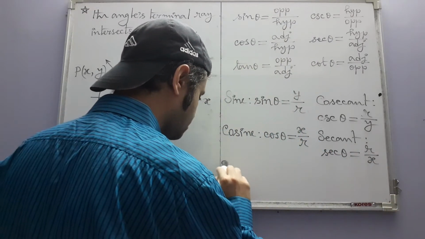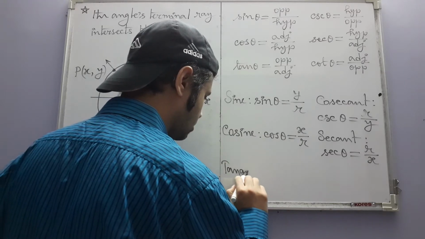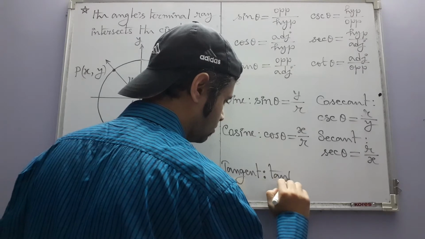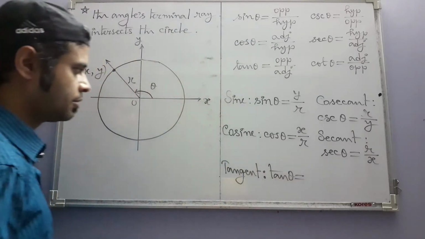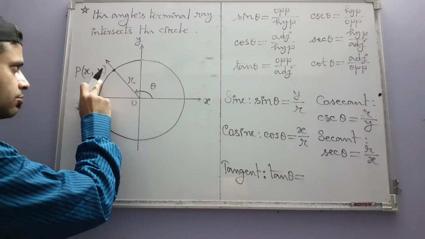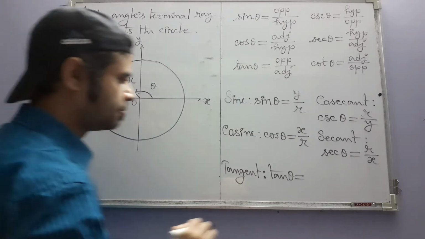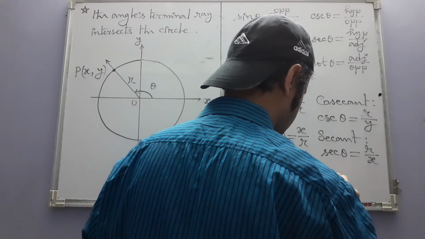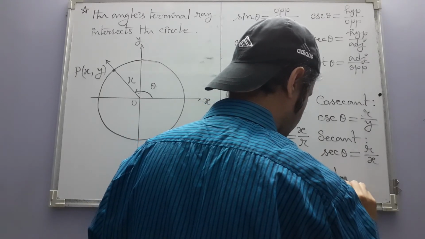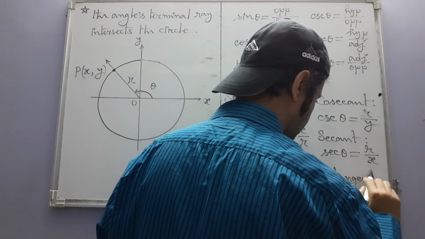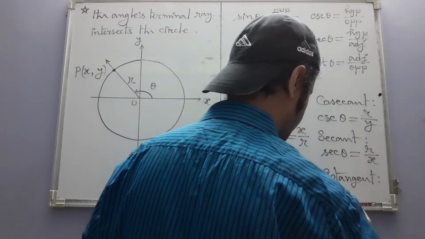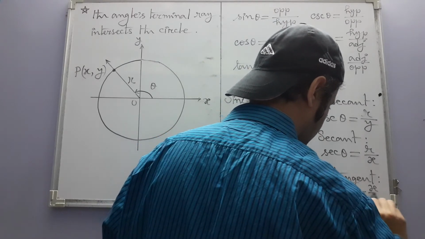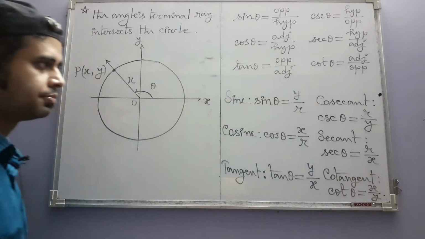Then the tangent function, tan theta, is defined to be the y coordinate divided by the x coordinate. So y divided by x, and its reciprocal cotangent is cot theta equal to x divided by y.